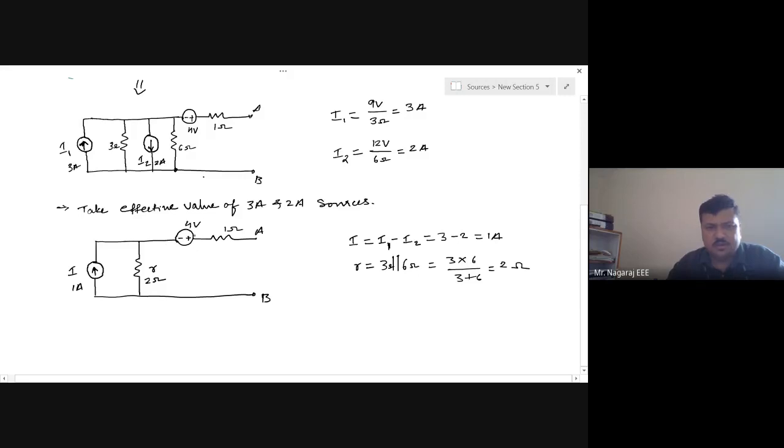So better, I will convert the 1 amp 2 ohm current source into a voltage source. Then the two voltage sources will be in series. I will take the effective value of these two series voltage sources, then convert that into a current source. Can we do that? Yes, sir. Because if I now convert this into a current source, I cannot take the effective value of two current sources coming in series.